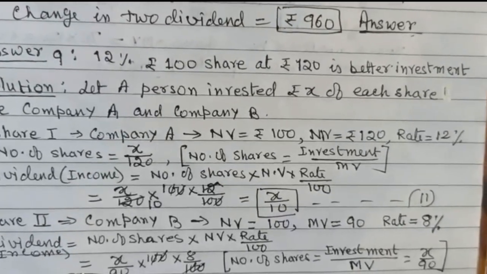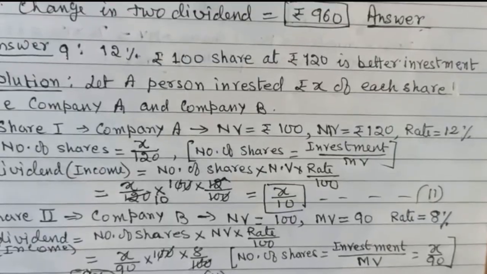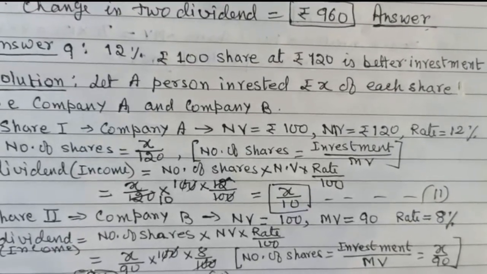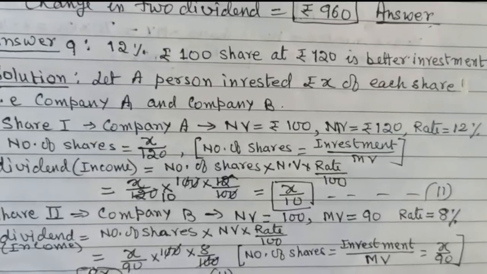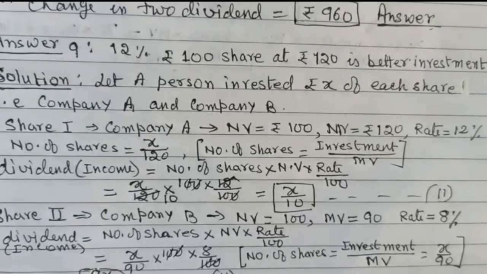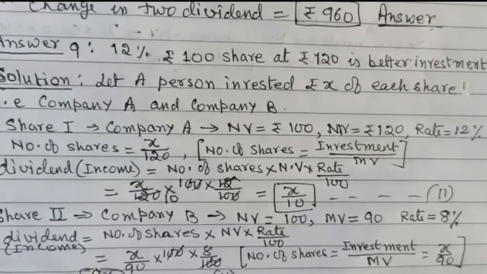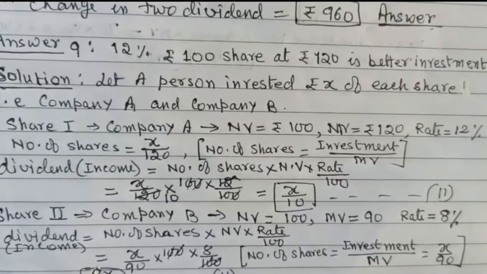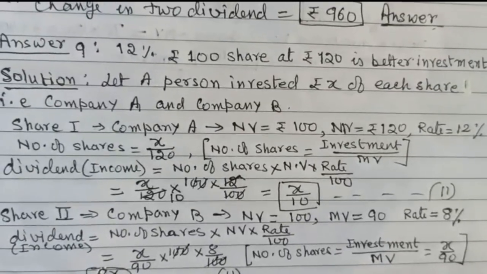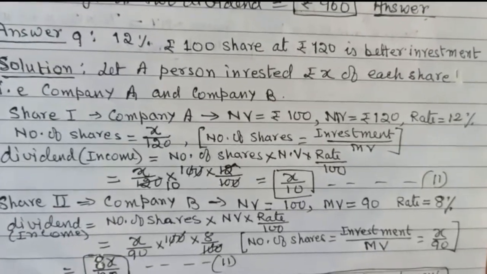Whereas company B gives the dividend at 8%, market value of the share is 90 and nominal value is rupees 100 per share. So we have to find out which is better, investing in company A or company B.